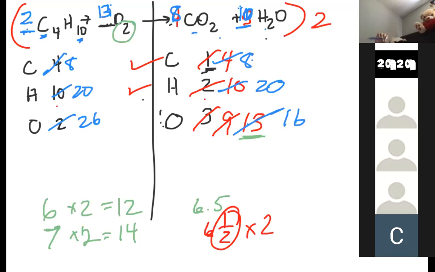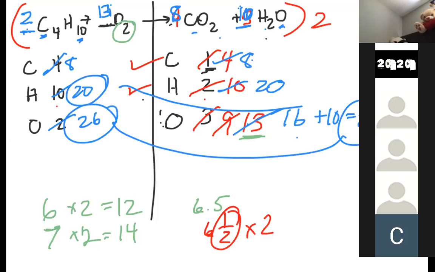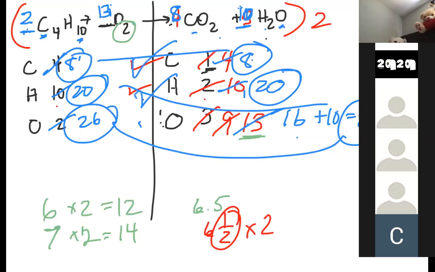And then 10 times 1 is 10. 16 plus 10 is 26. So 8, 20, 26 on both sides. Are we good? Are we good?